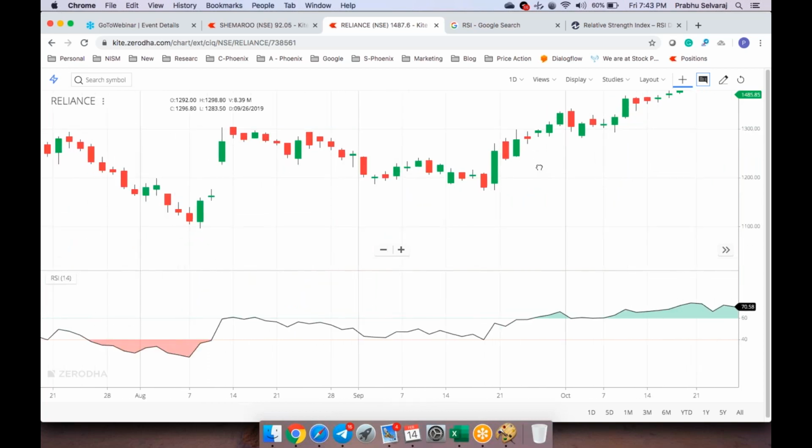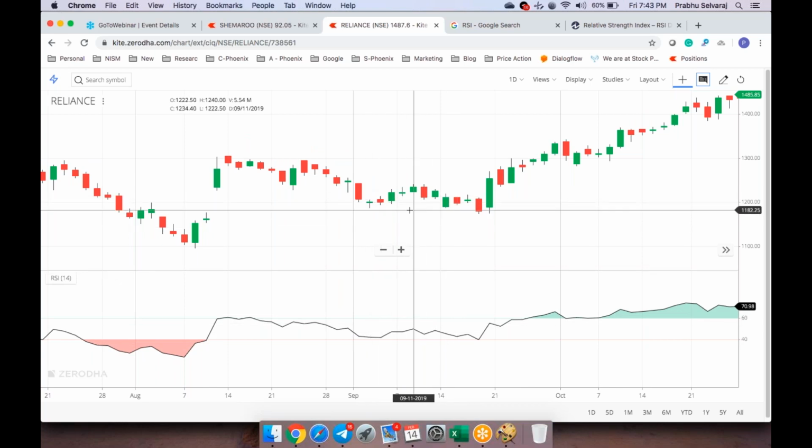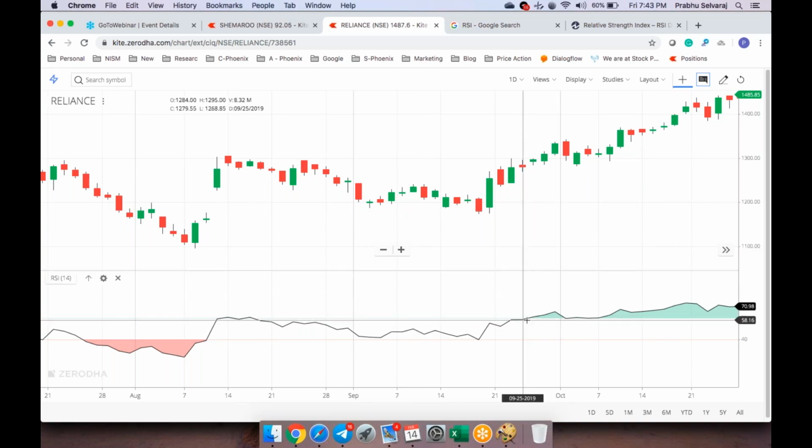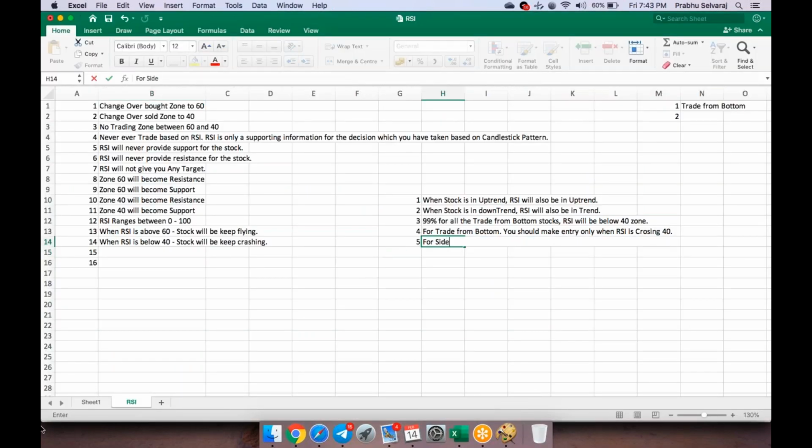Now one more bit of advanced learning. When the market is flat, the sideways market, we know there is no entry in the stock, but we have an entry when the RSI is crossing 60. So the second entry on RSI is for the sideways market.